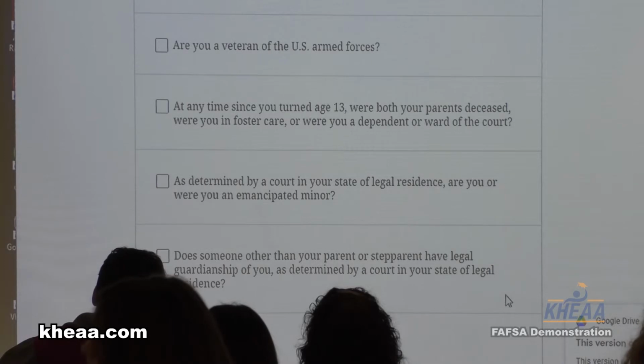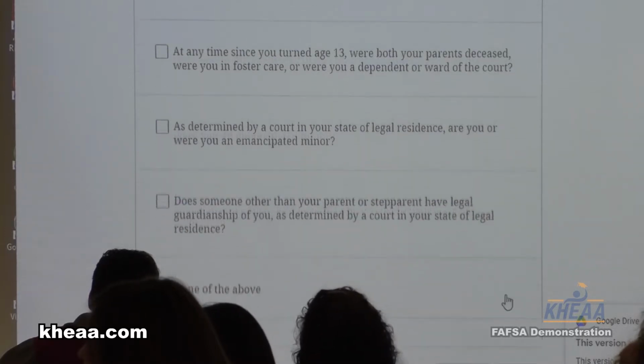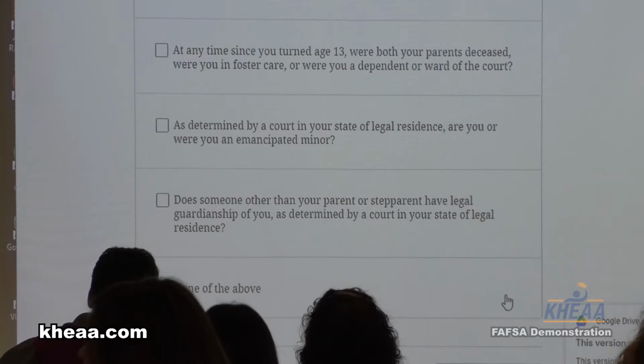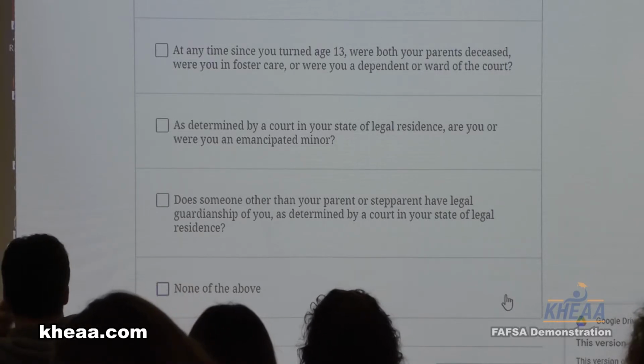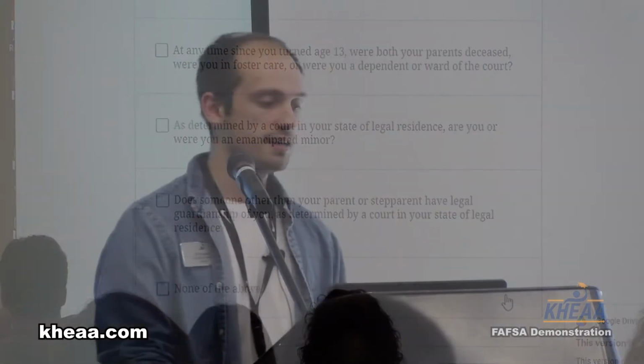At any time since you turned 13, were both of your parents deceased, or were you in foster care, or were you a dependent or ward of the court? The next one is, as determined by the court in your state of legal residence, are you or were you emancipated? So basically, if you don't know what emancipated is, that basically means you're not emancipated, okay?